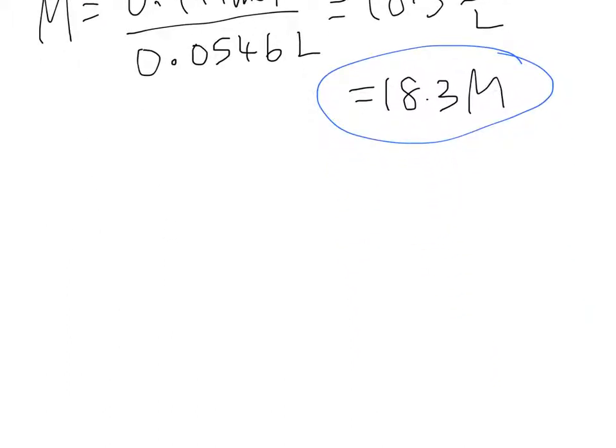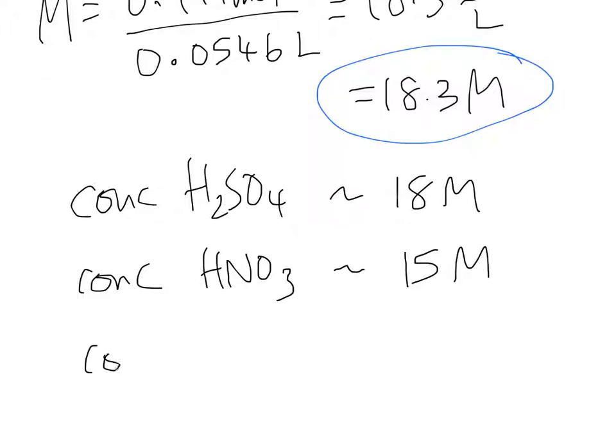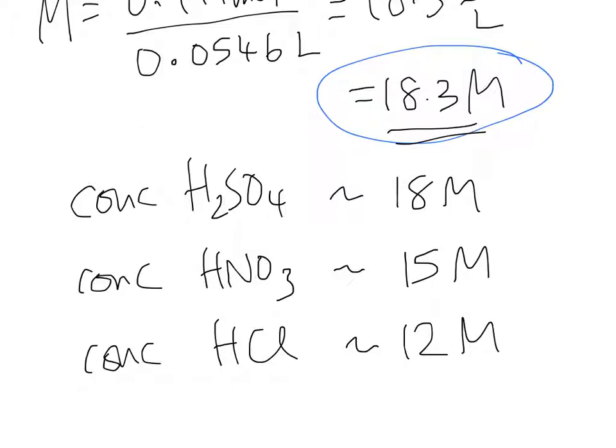If you've got concentrated sulfuric acid, that is about 18 molar. If you've got concentrated nitric acid, that's 15 moles per liter. And our friend concentrated hydrochloric acid is 12 molar. So that's a number that's worth keeping in your chemical toolkit.